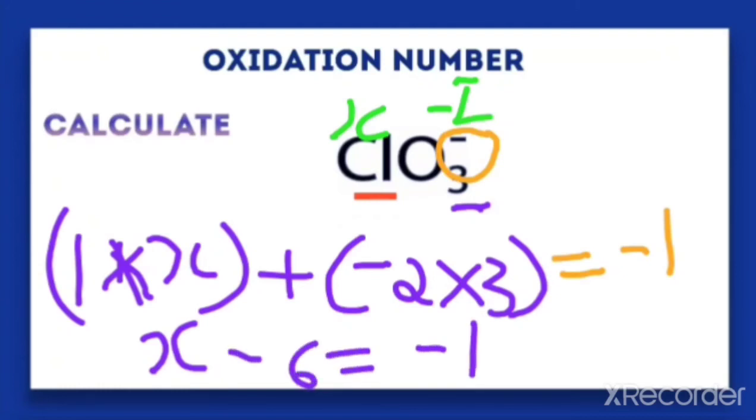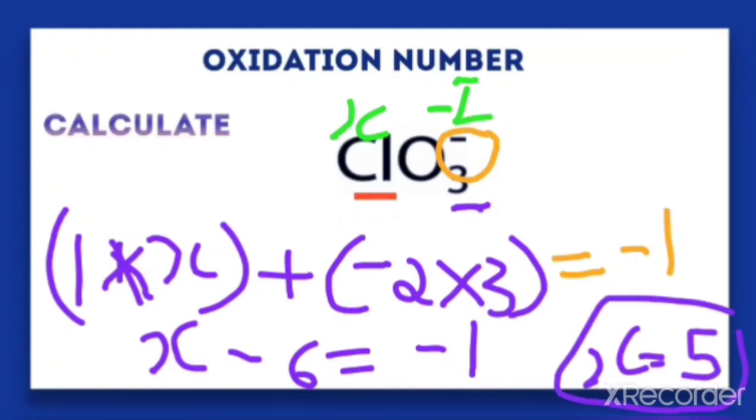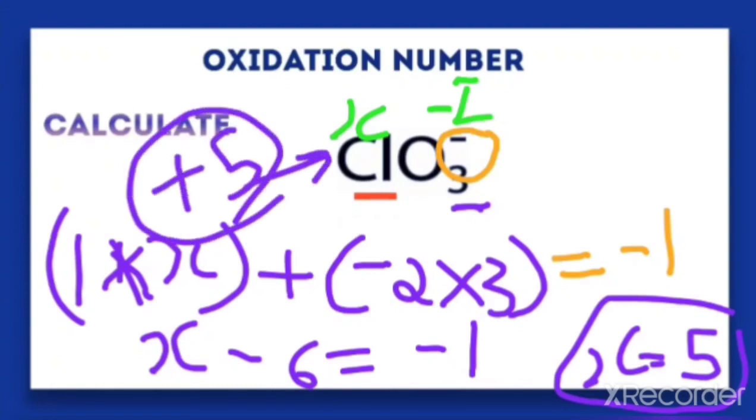So what will be x? x is equal to -1, and this -6 will go to the other side and become +6, so x is +5. So +5 is the oxidation state of Cl in this compound.